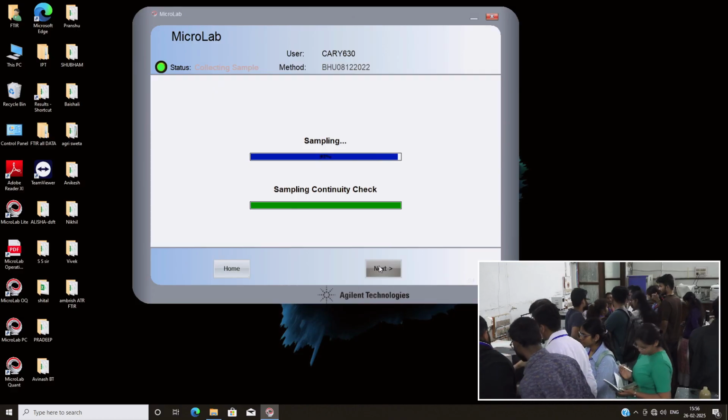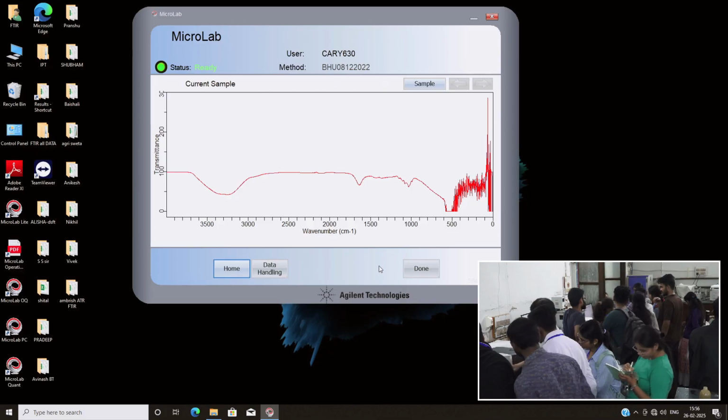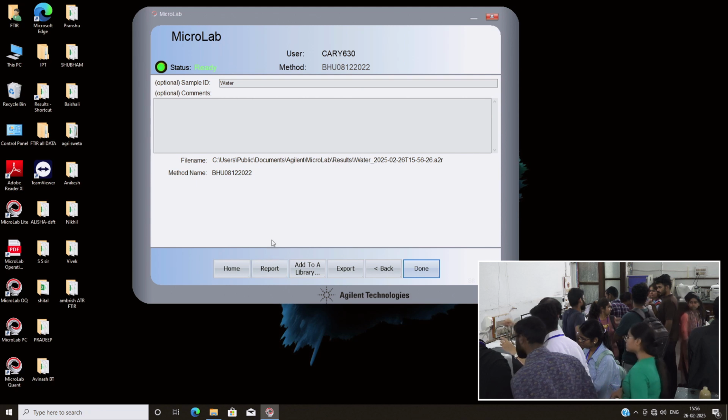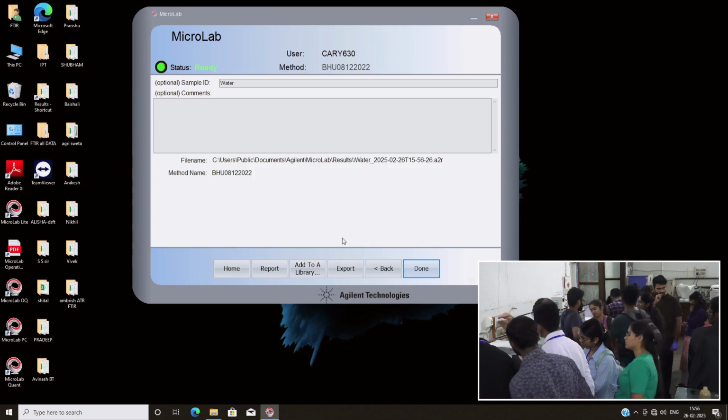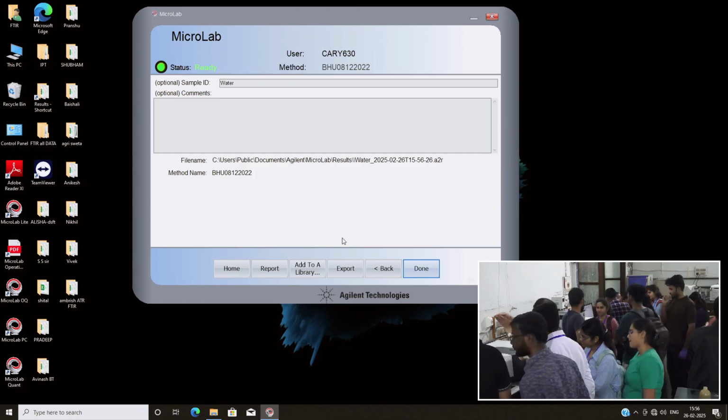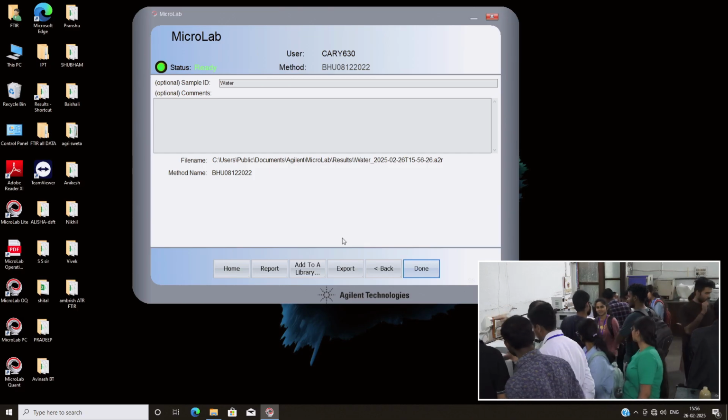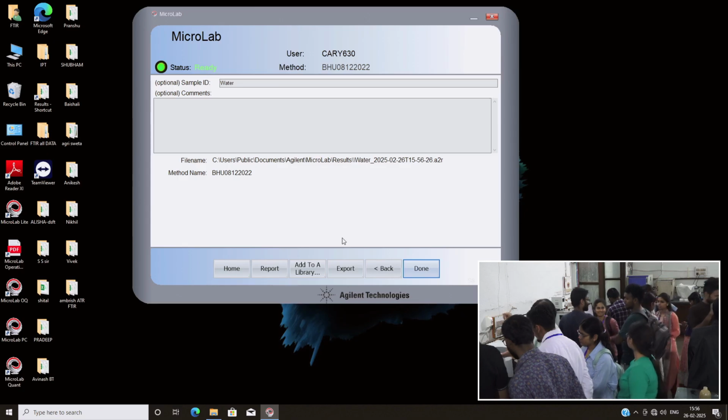So even though we get a spectrum, it depends on the penetration depth: if the wavelength is long, the penetration is deeper, and if short, shallower.